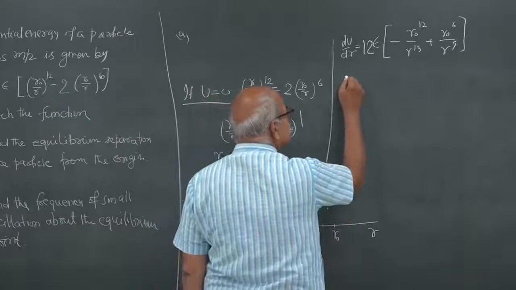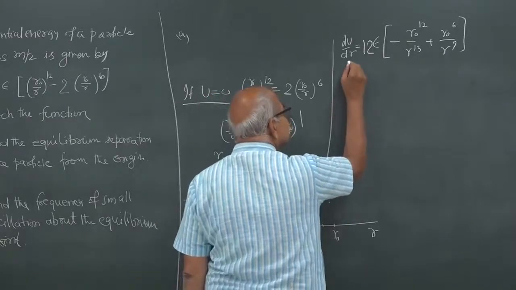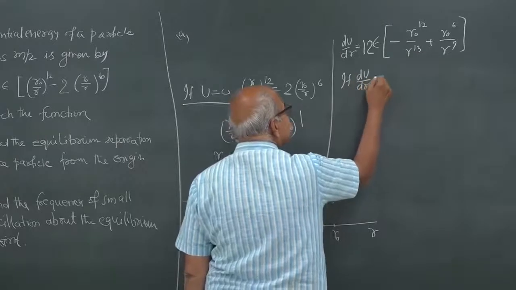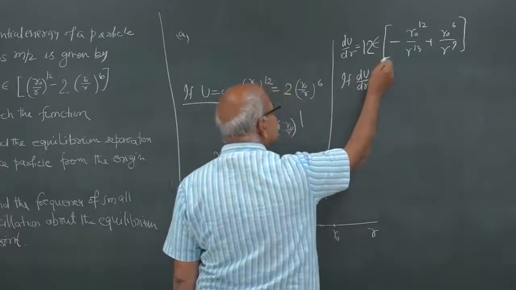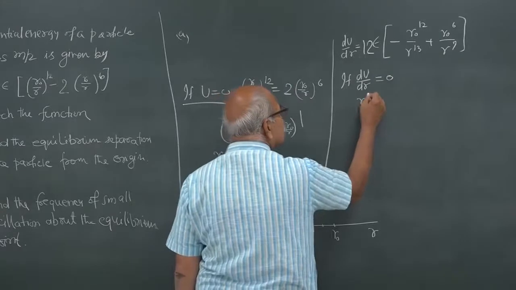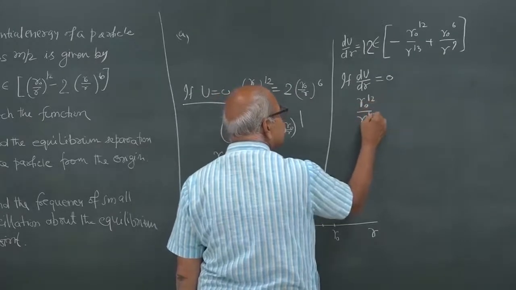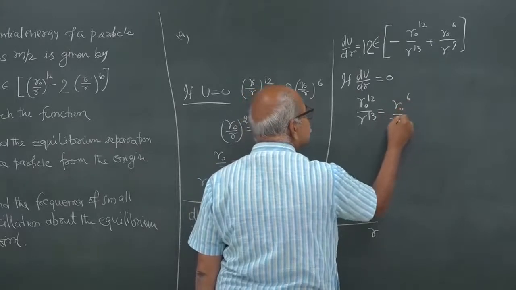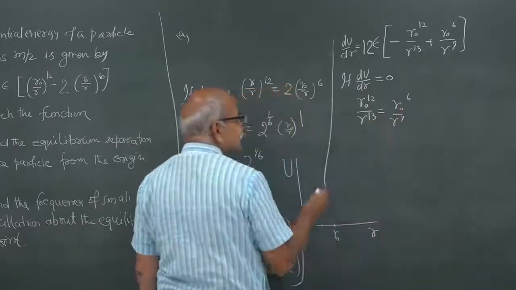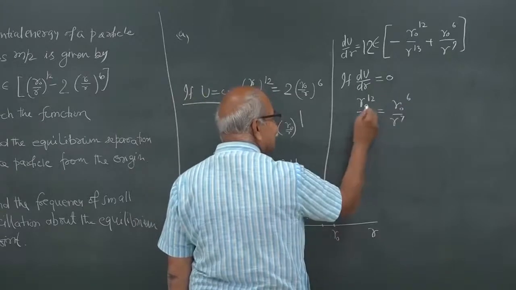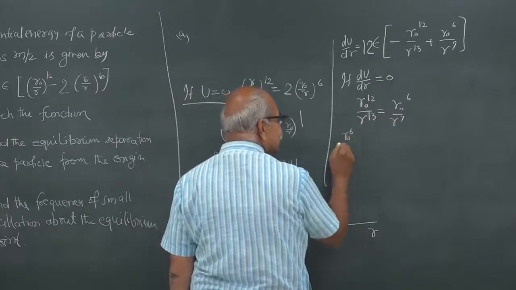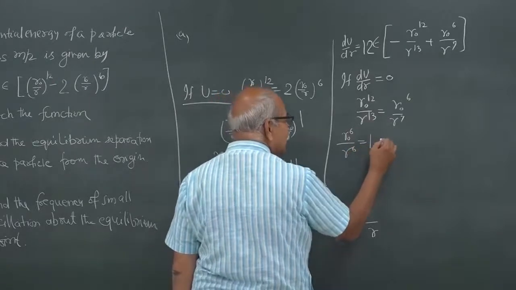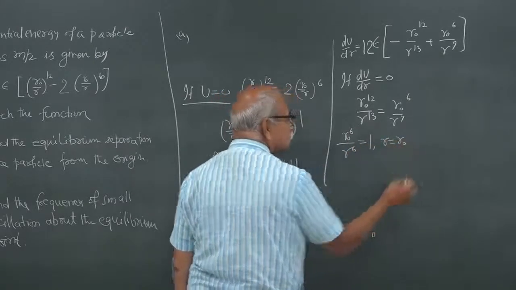Now, if du dr is 0, that means r naught to the power 12 divided by r power 13 should be equal to r naught 6 here and r to the power 7 here, and therefore, r naught to the power 6 divided by r to the power 6 should be equal to 1, r should be equal to r naught.